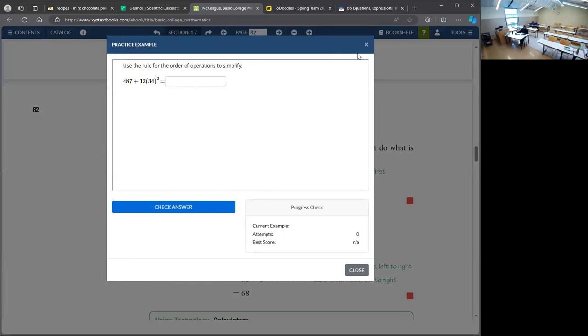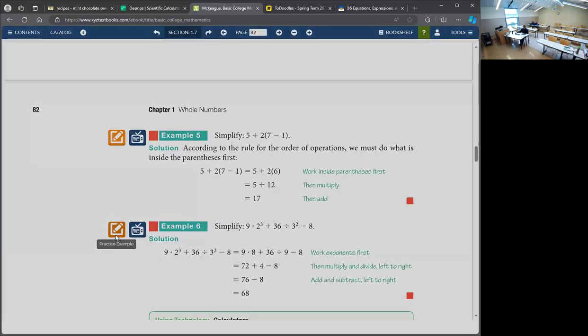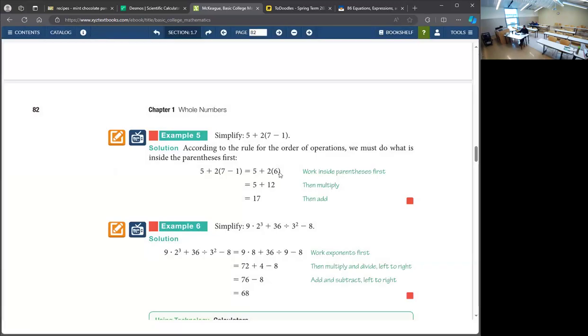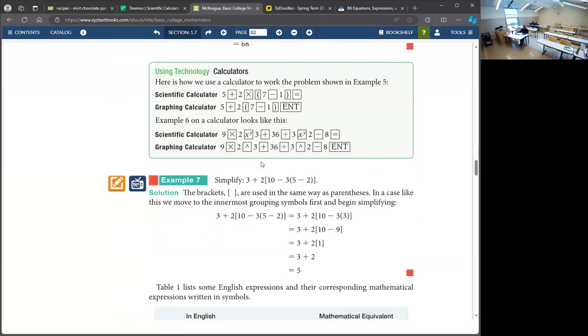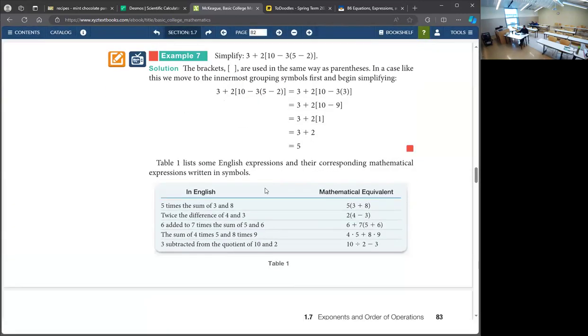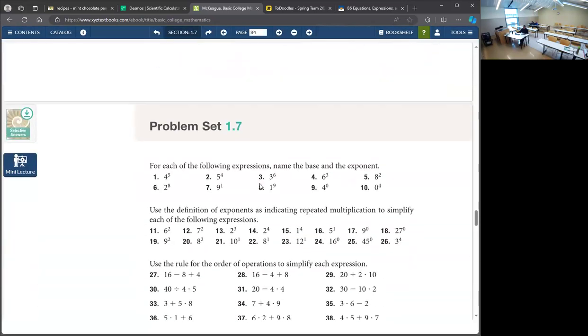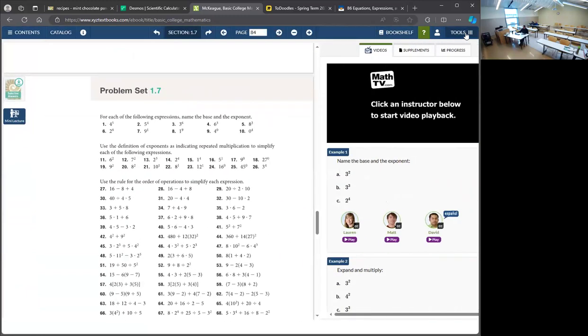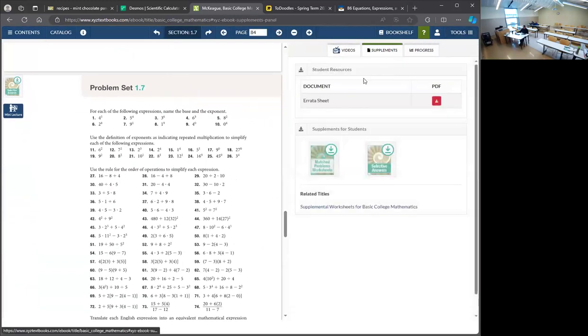The textbook is very good at giving you different examples. Also remember that if you do want to try the homework in the book, then for the odd answers, you go to tools in the top corner and supplements and then selective answers.